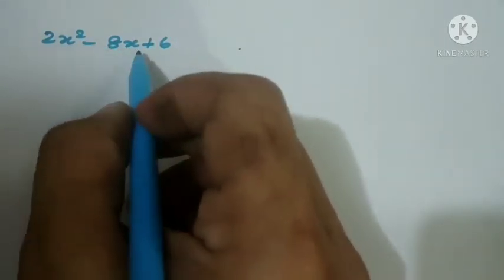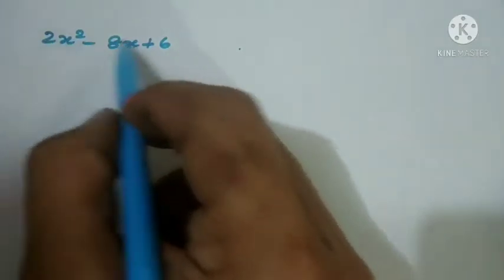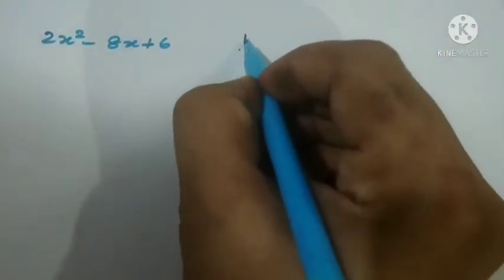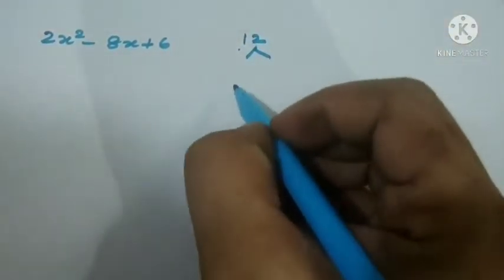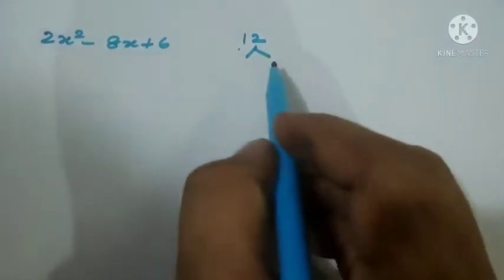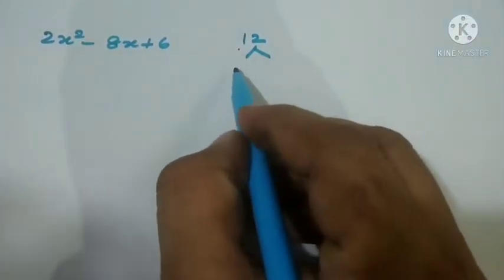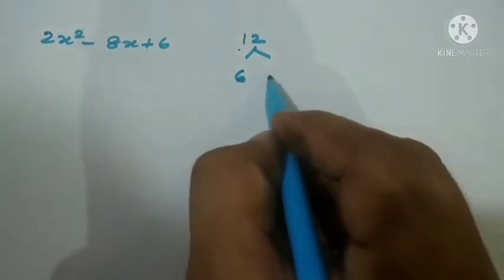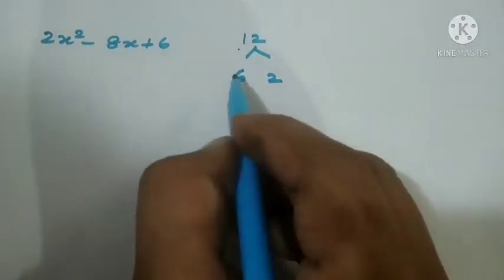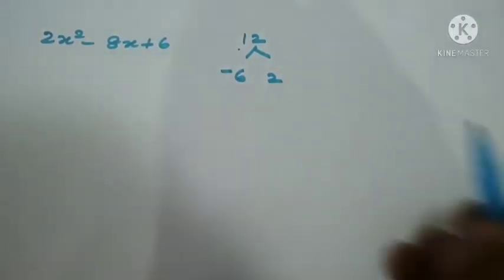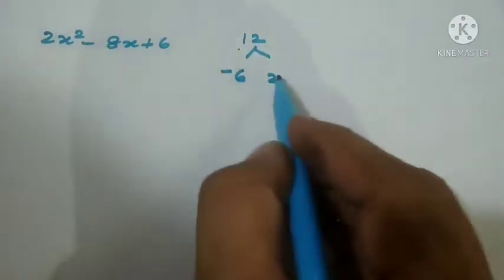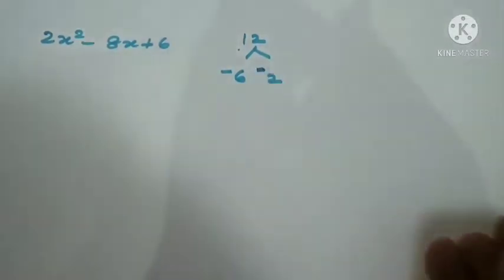So for 2x² minus 8x plus 6, we multiply 2 and 6, that is 12. We should find factors of 12 where the sum is minus 8. So 6 and 2, and the middle term sign is minus, so both are minus.